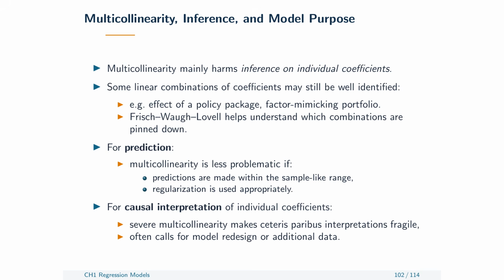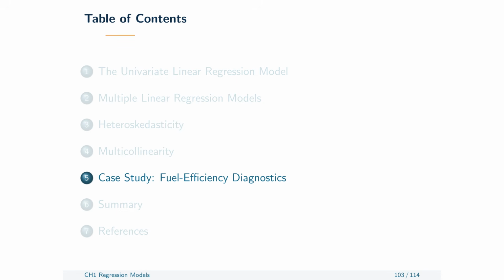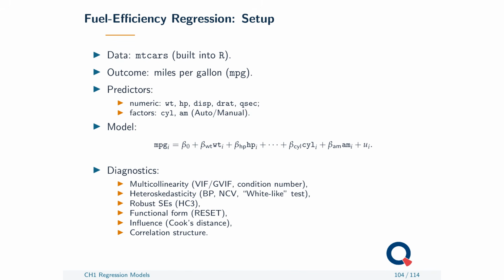Now consider the multivariate fuel efficiency model. Miles per gallon is explained using weight, horsepower, displacement, axle ratio, quarter-mile time, cylinders, and transmission. The model has R squared near 0.88 and adjusted R squared near 0.83, with a significant overall F-test.